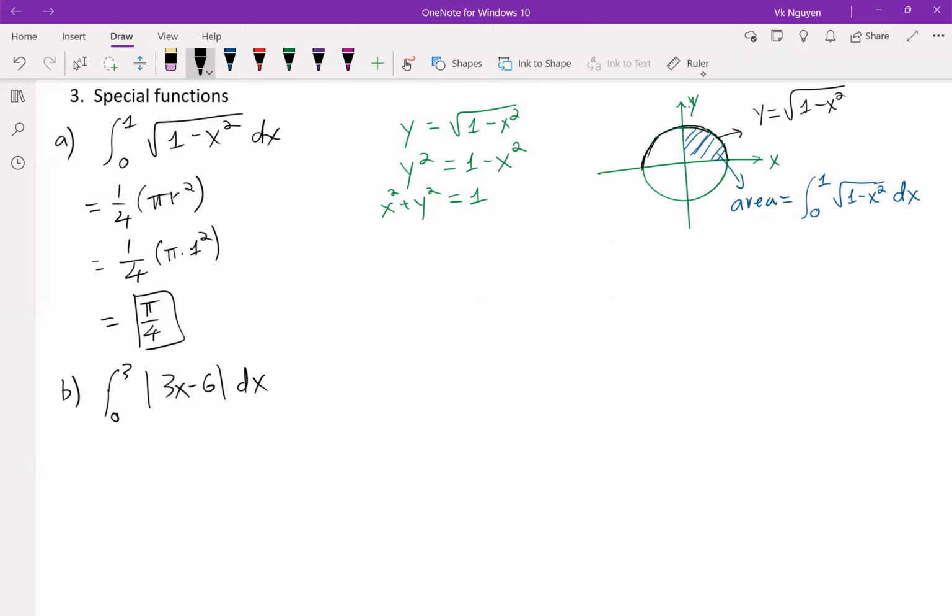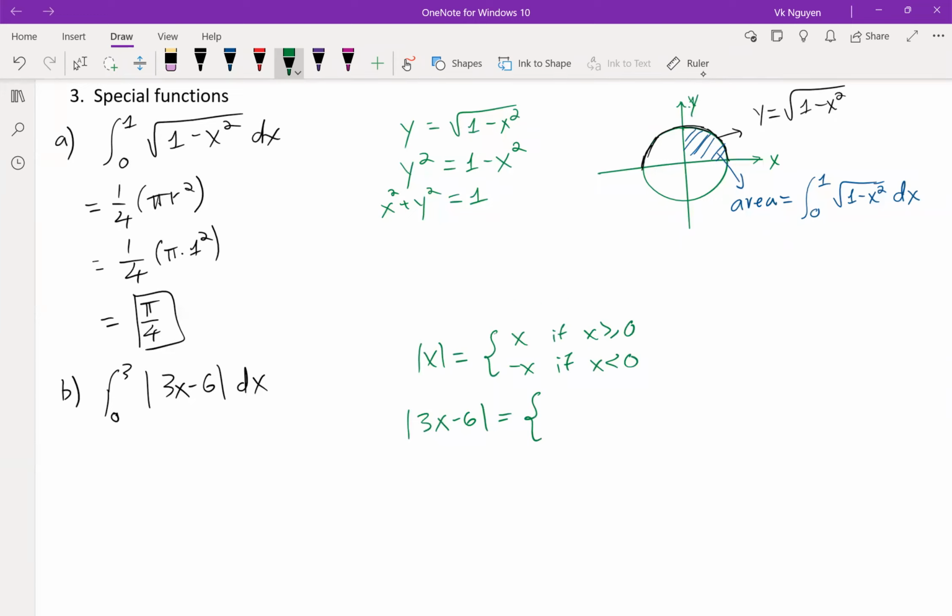Well, we can split out the absolute value function. Remember that the absolute value of x equals x if x is greater than or equal to 0, and negative x if x is less than 0. I'm going to use the definition here to split the absolute value of 3x minus 6 into a piecewise function.